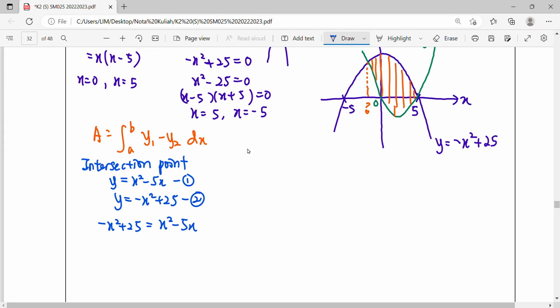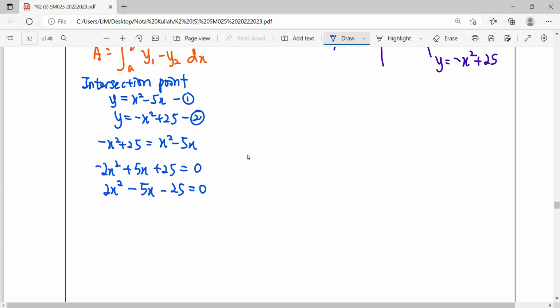So for the quadratic, we move everything to the left-hand side, giving 2x squared minus 5x minus 25. We want to factorize and simplify this quadratic, making it positive first. Then we factorize to find the intersection point.